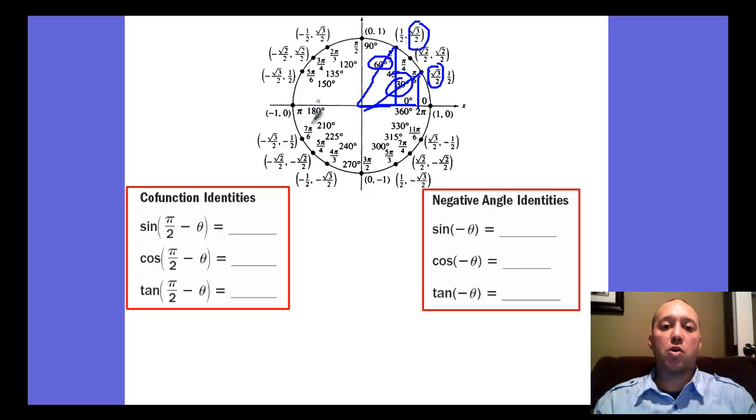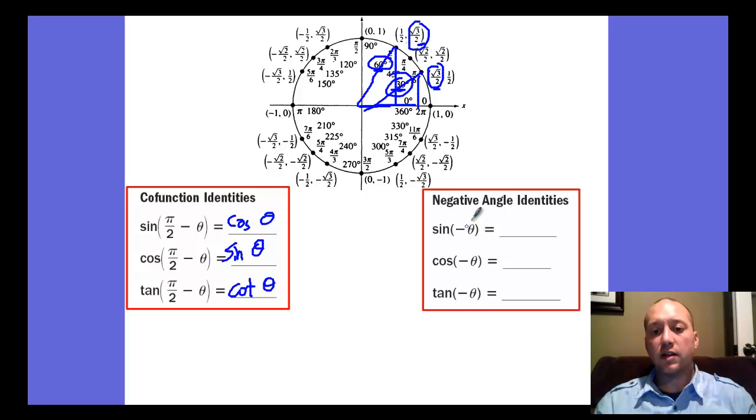And so this works with all of these angles. Whenever you have an angle and its complementary angle, the sine and cosine of those two are equivalent. So sine of pi over 2 minus theta is going to equal cosine of theta. Cosine of pi halves minus theta is going to equal sine of theta. And tangent of pi halves minus theta is equal to cotangent theta.